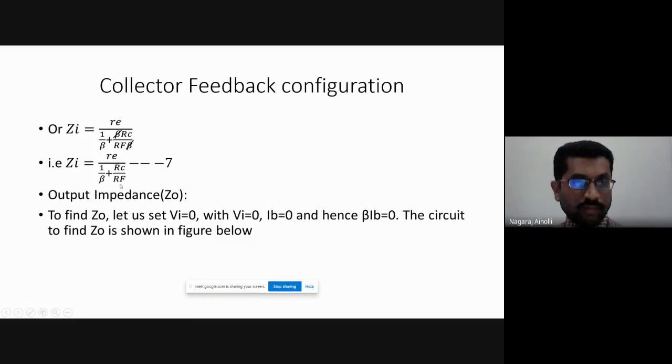Now the equation is in the form of the emitter resistance RE, collector resistance RC, then feedback resistance RF, and beta.